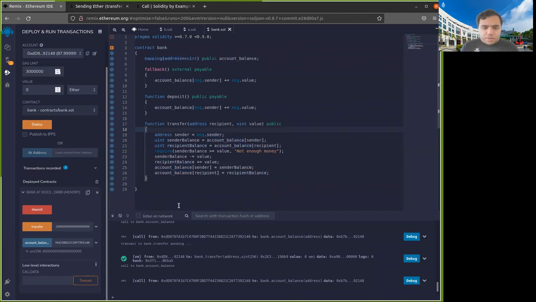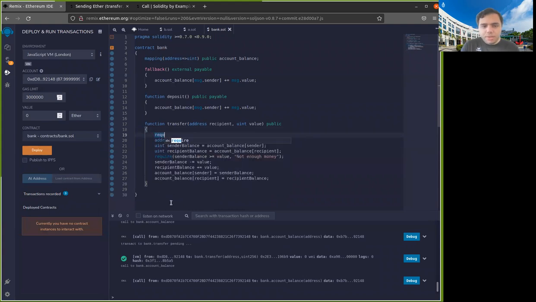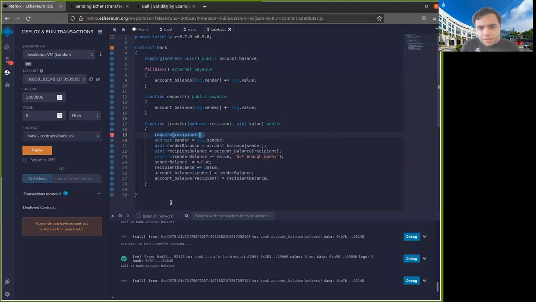Now, so how can we fix this? Well, we can do a bunch of things. For example, I can say here that I require the recipient to be different from the sender. Okay, that's one way to fix this.